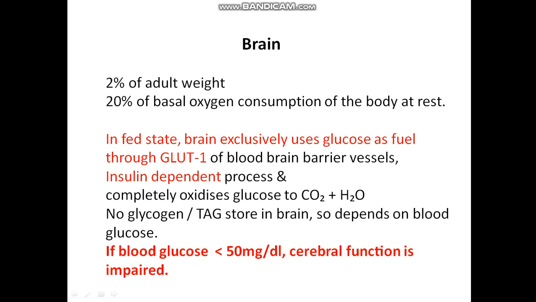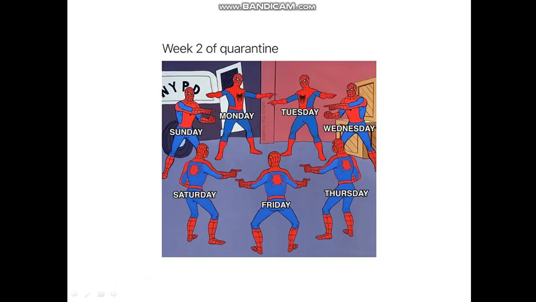No glycogen or TAG is stored in brain, so it depends only on blood glucose. If blood glucose level is less than 50 milligram per deciliter, then cerebral function is impaired and compromised.